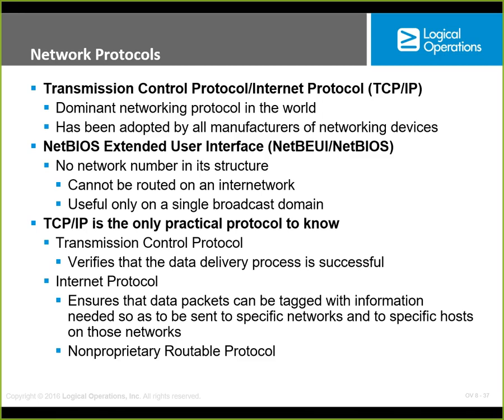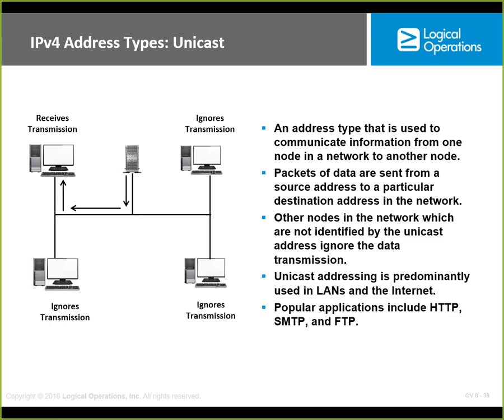IP, and that's a whole lot of words to say, this is the address. This is the IP address. This is the network address. It's a non-proprietary routable protocol. There are two types of protocols, routing and routable. Routing protocols are the language that routers use to talk to each other. Routable protocols are the ones that we use to find stuff.